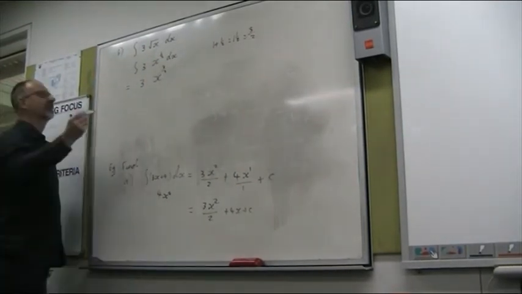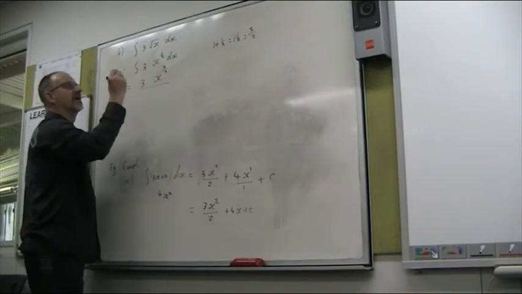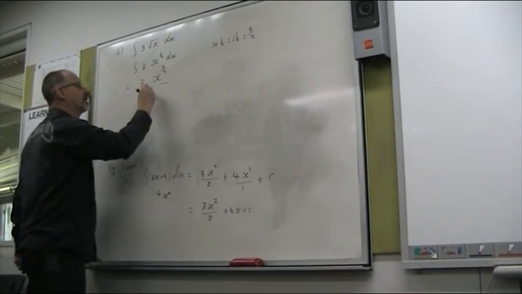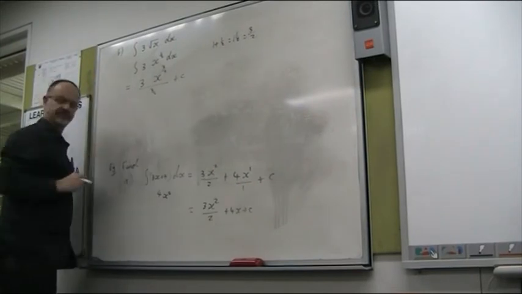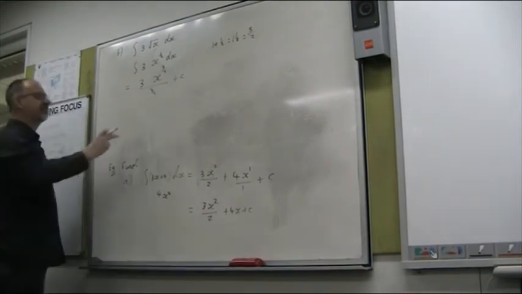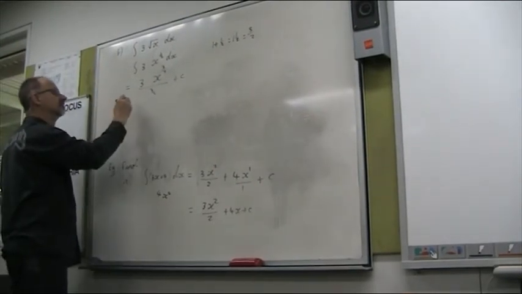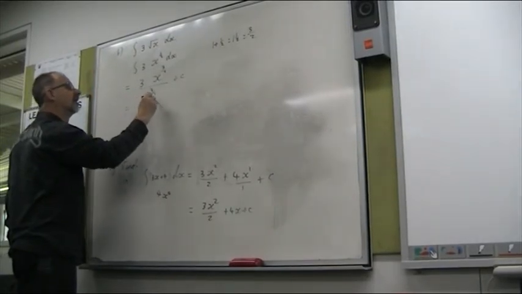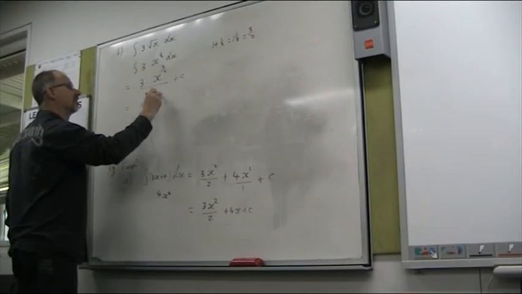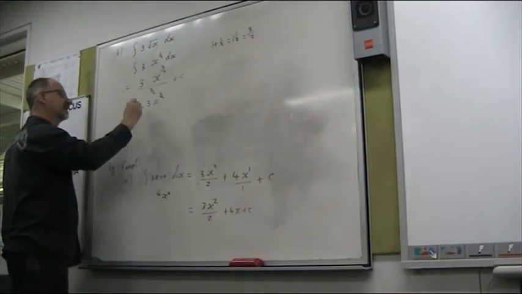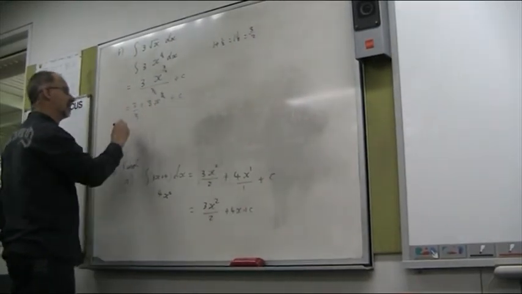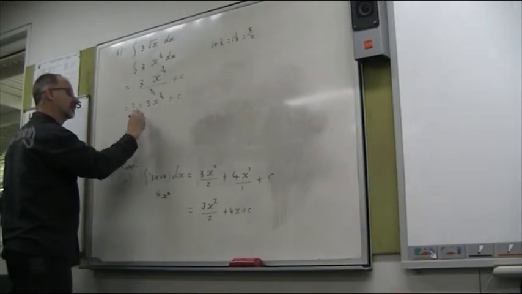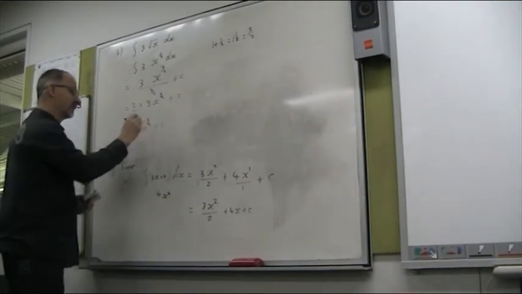We need to divide by 3 over 2, the new power, plus some constant. If we're dividing by a fraction, what do we do? Times the flip, good, 2 over 3. The 3's cancelled, isn't that nice? And you get 2x to the 3 over 2 plus some constant.